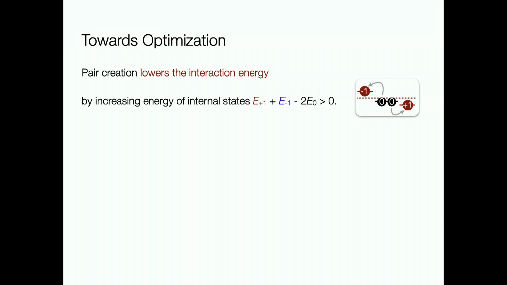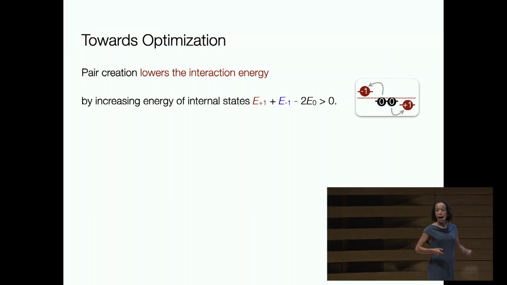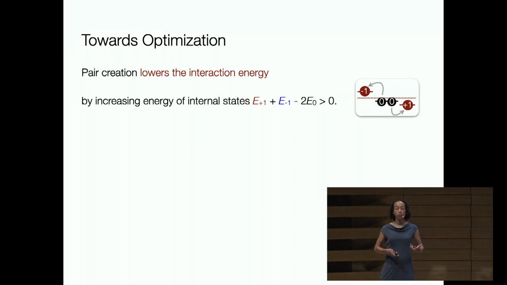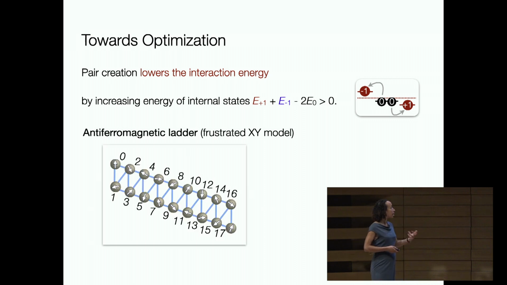So there's a cost in internal state energy to this process of generating these pairs in the +1 and -1 states. To compensate, the atoms as we generate these pairs can actually lower their interaction energy. And so these dynamics naturally give rise to spin textures that essentially look like low temperature states of a classical XY model.